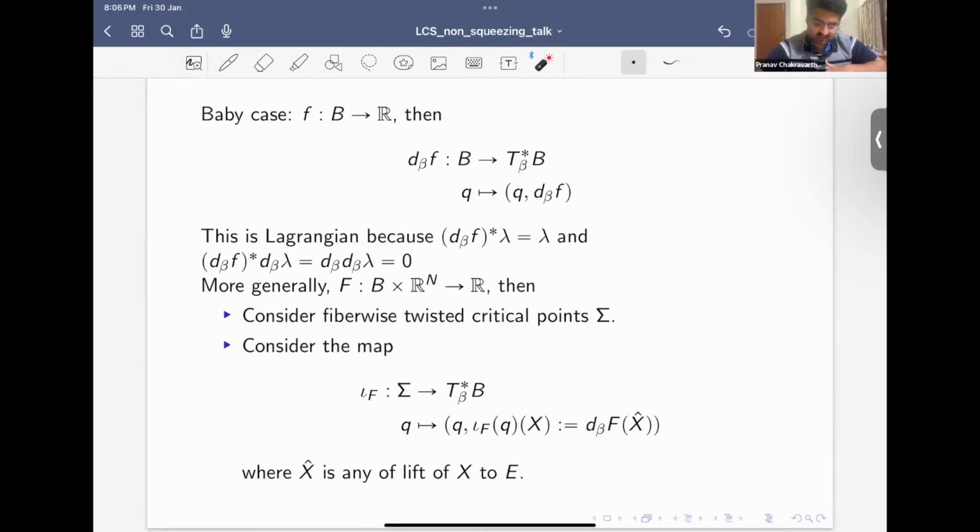And you can embed this into the twisted cotangent bundle, just as in the other cases, by sending q to q comma the twisted differential acting on a lift of a vector field on E. This is independent of the lift because we are looking at the space of vertical critical points. Any two choices of lifts differ by a completely vertical vector on which d beta vanishes.